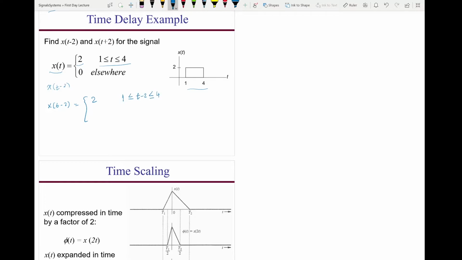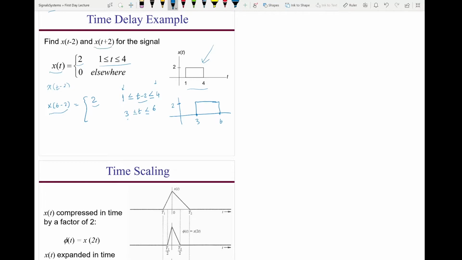Now I want here to be just t, so I will add 2, but I have to add 2 here and here. So this will be t, and this will be 6, and this will be 3. Now if I plot this signal, it is 2 from 3 to 6. So that is 3, that is 6, and the signal is equal to 2. So basically you shift the original signal 2 units to the right.